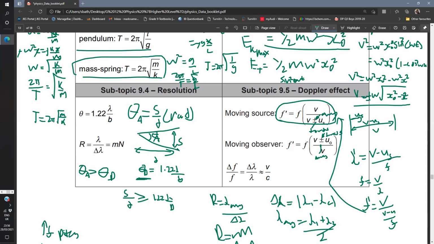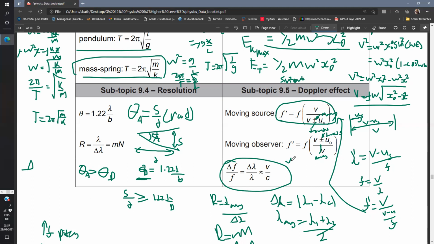However, now we need to discuss the electromagnetic spectrum. The electromagnetic spectrum is when we deal with light. So for the Doppler effect we were dealing with sound; here it's with light. So this is basically the formula for that.